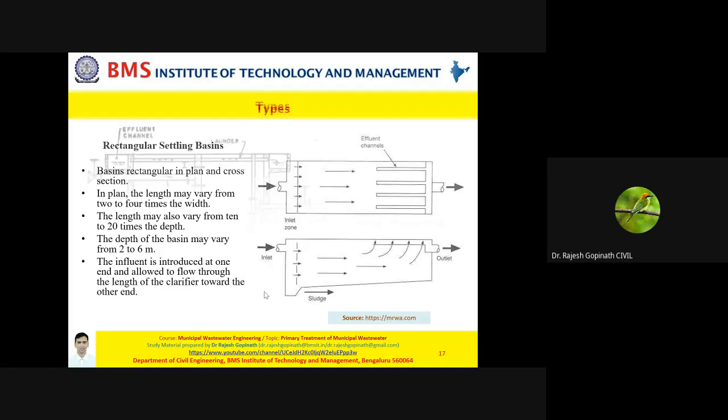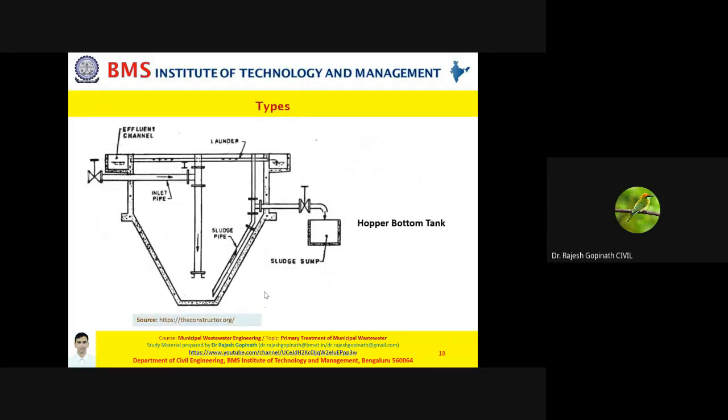All right, now let's move on to the third type, which is your hopper bottom tank. What we need to understand here is, this is not a horizontal flow, this is a vertical flow. But unlike your circular sedimentation tank, wherein the wastewater was ascending and then descending, here the wastewater descends and then ascends.